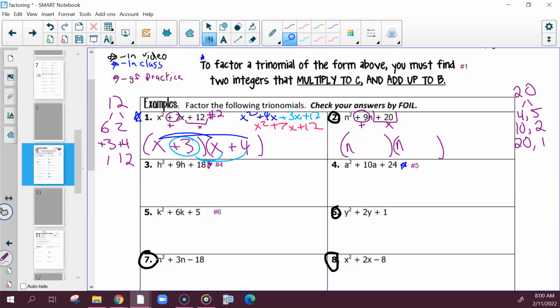But whatever it is, the variable will still be first. I'm not going to distribute this one out, but I'll do the next one. Do we have any questions on this so far?